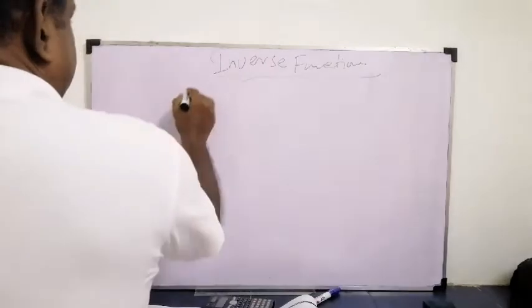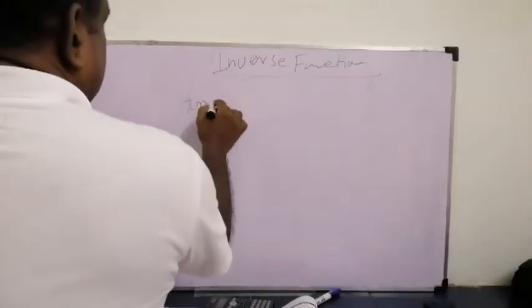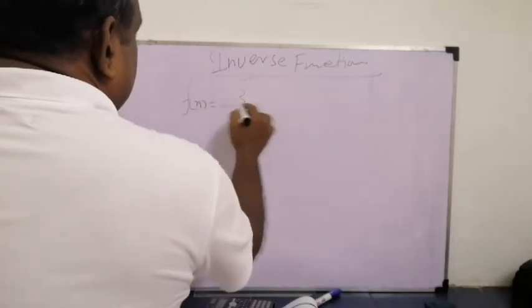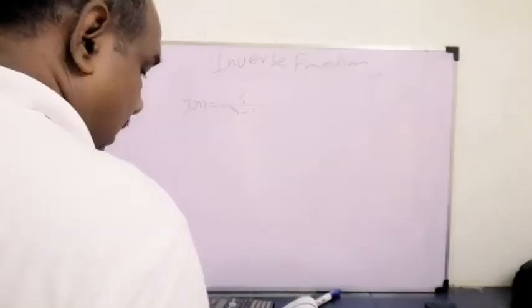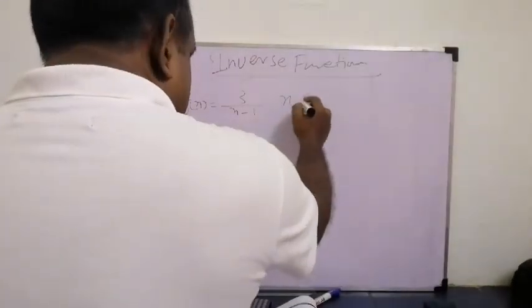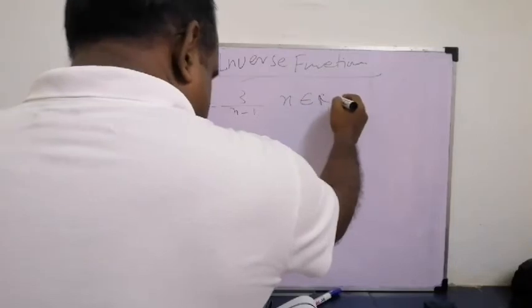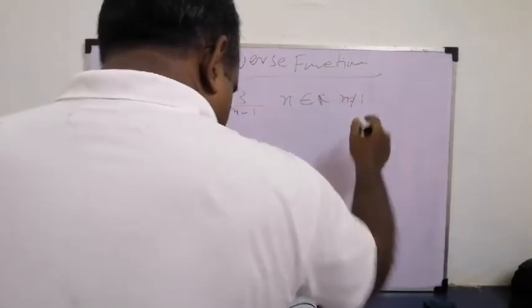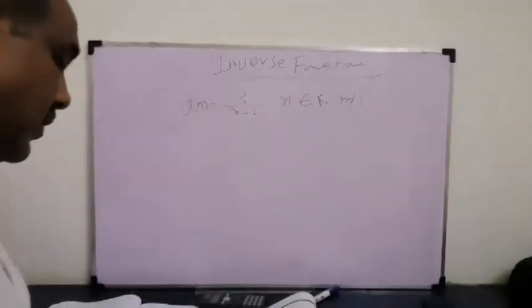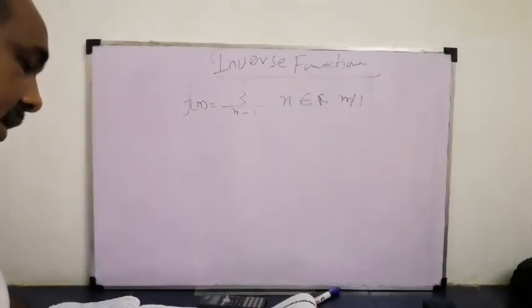Find the inverse function of f of x is equal to 3 over x minus 1, where x is real, all the elements are real, and x is not equal to 1. By changing the subject of the formula, you can rearrange. Either way you can do it.